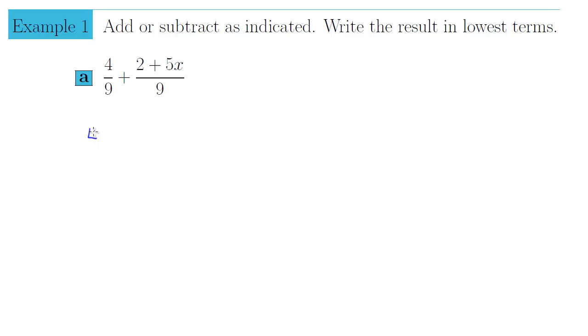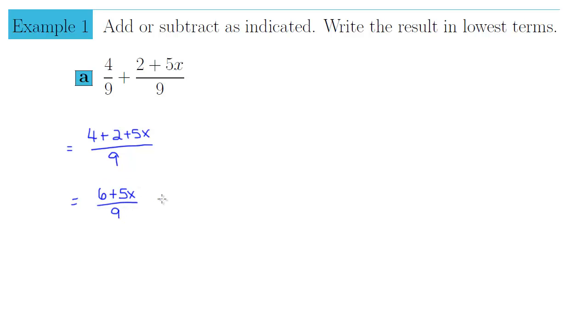That's going to give us 4 plus 2 plus 5x all over the single denominator, the like denominator of 9. Now we continue to simplify. 4 plus 2 plus 5x over 9. This is equal to, putting like terms together, 4 plus 2 is 6, plus 5x divided by 9.